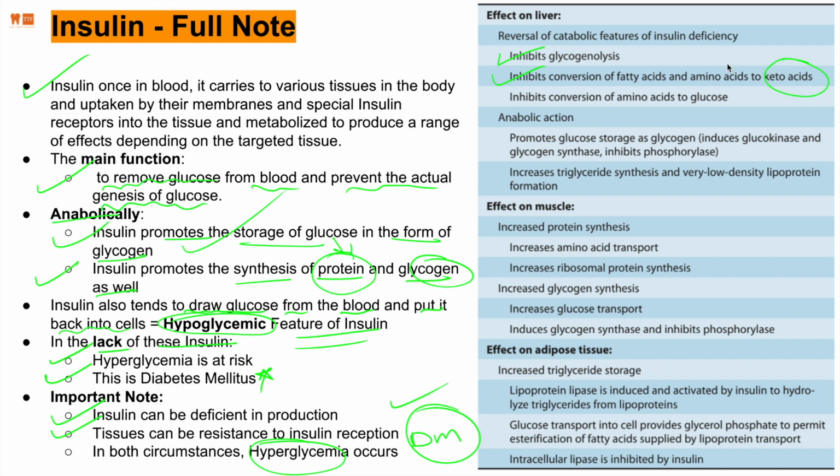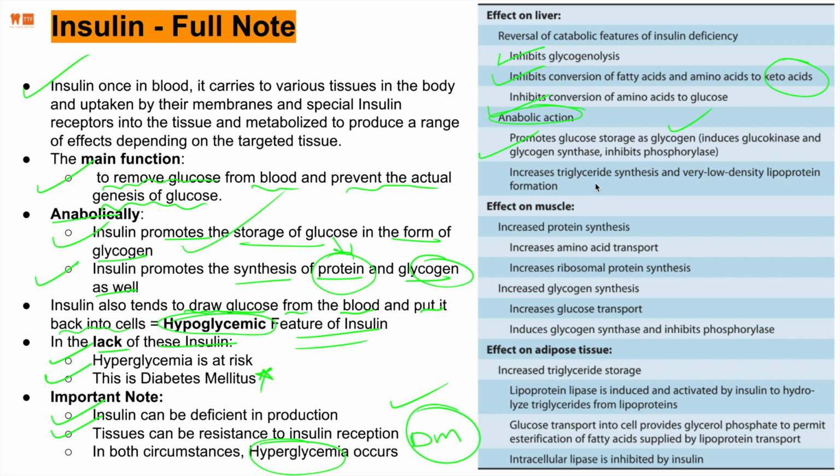It inhibits the conversion of amino acids to glucose. In anabolic action, it promotes glucose storage as glycogen. It induces glucokinase and glycogen synthase, and inhibits phosphorylase. In essence, it just puts glucose back into storage.